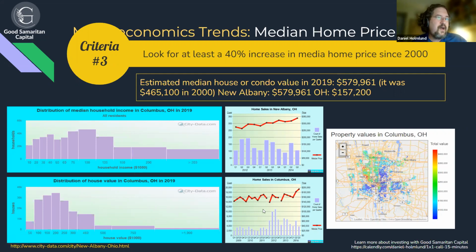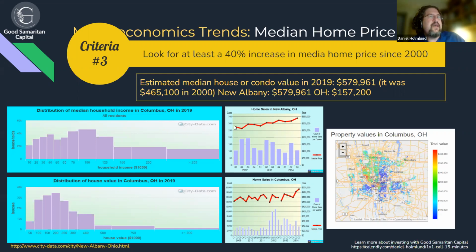And actually, I guess I don't have the number here, but just from reading on city-data.com, there are a lot of very expensive houses in the New Albany area, multi-million, several $7 million places, but the average house is around $400,000 to $700,000.